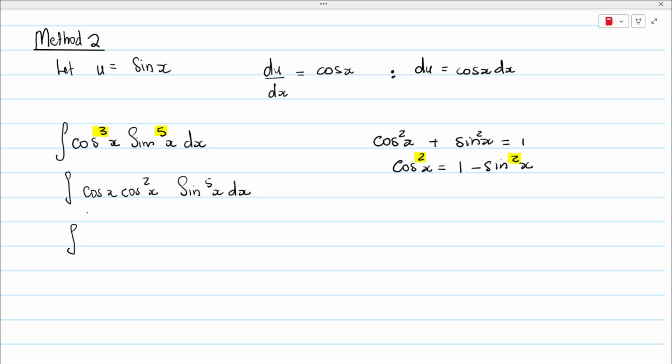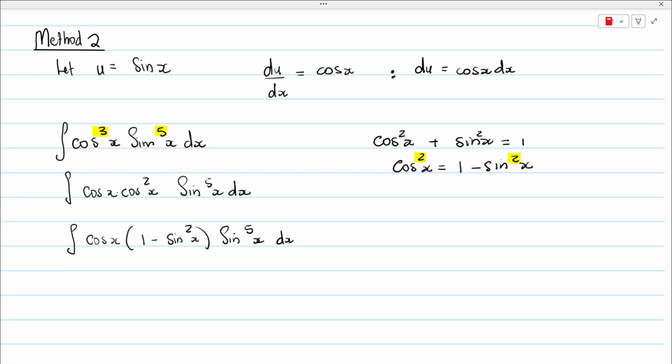If you check here, cos x multiplied by cos squared x is the same as cos cubed x, because when the bases are the same, I simply add the exponents. Now that I've got a cos squared x, I can apply my trig identities. So this becomes cos x, open bracket, 1 minus sine squared x, close bracket, sine 5x dx.